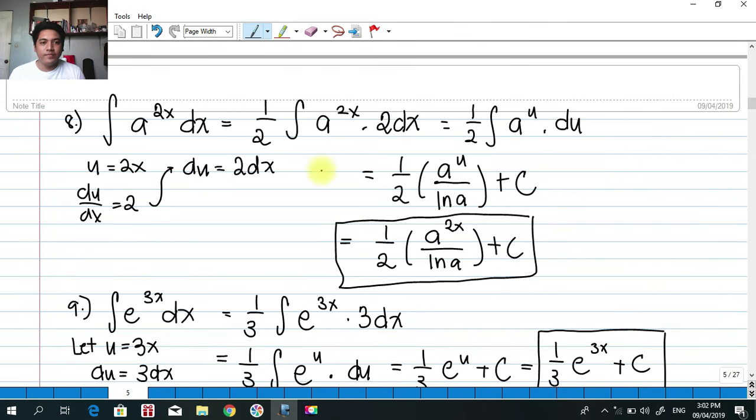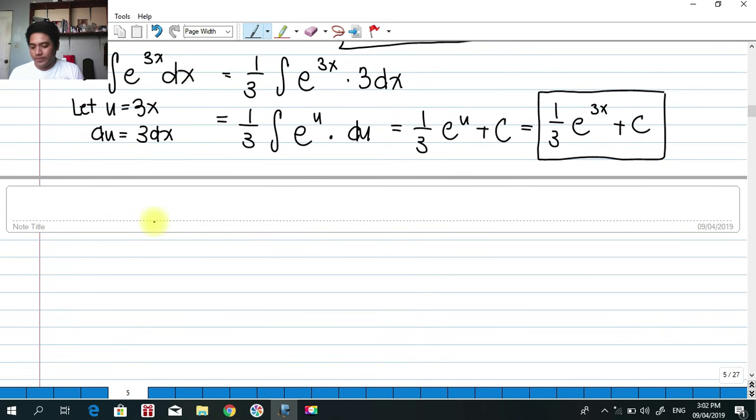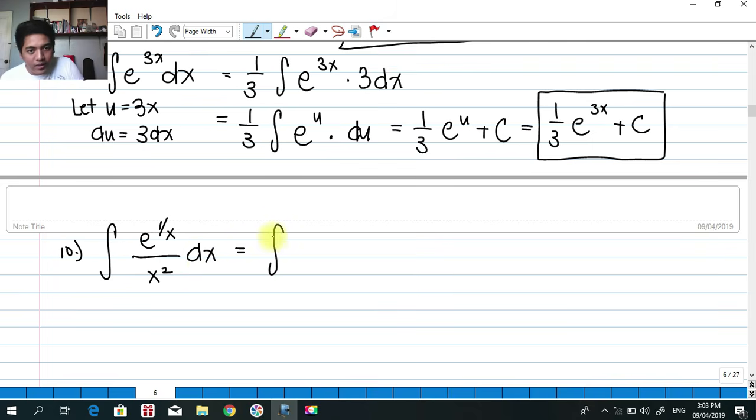Okay? So for number 10, we'll be having the integral of e raised to 1 over x squared dx. In this example, we can write this integral as the integral of e raised to 1 over x times dx over x squared.